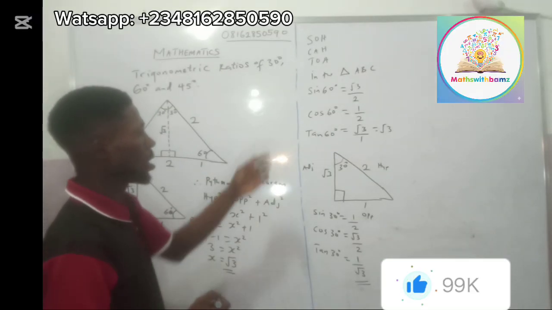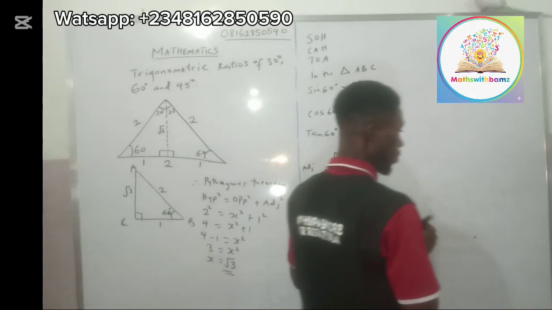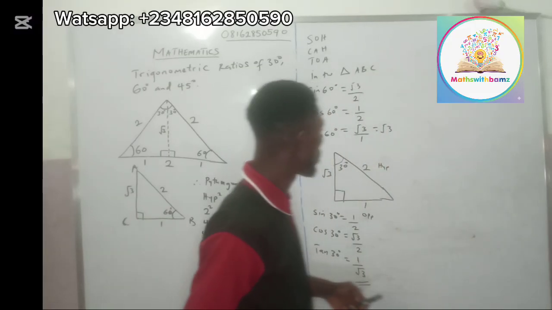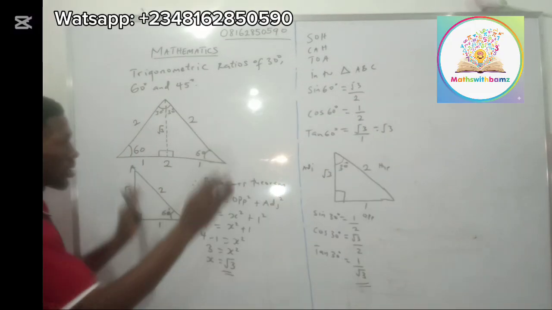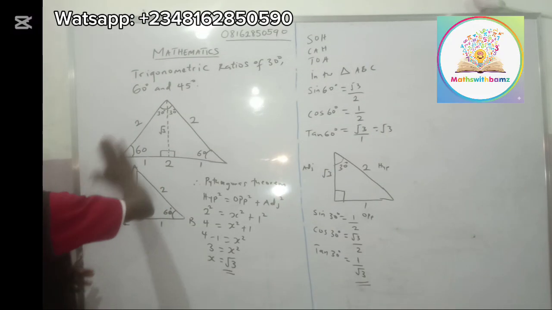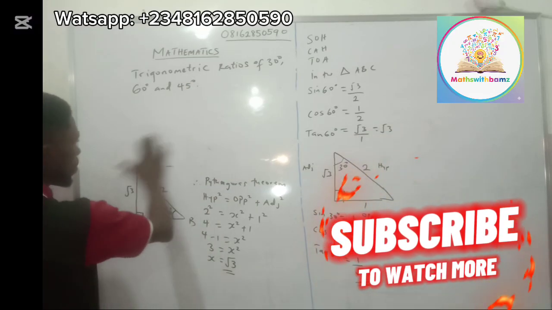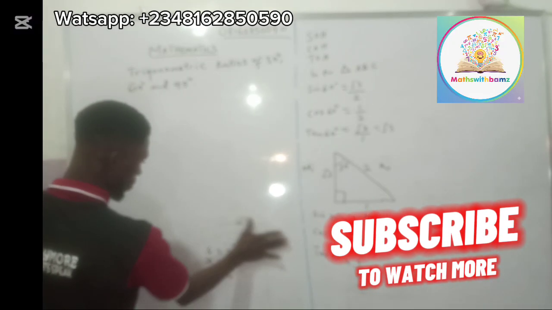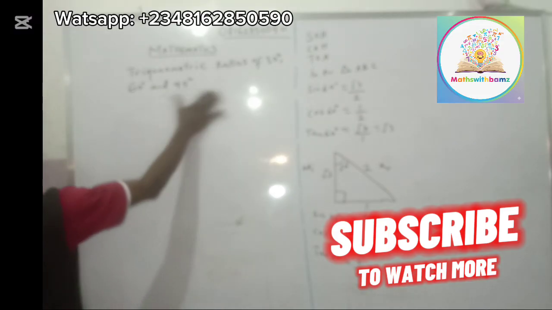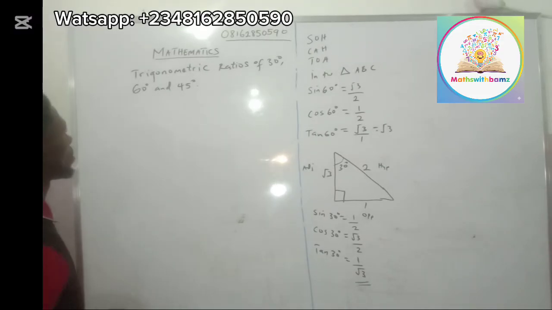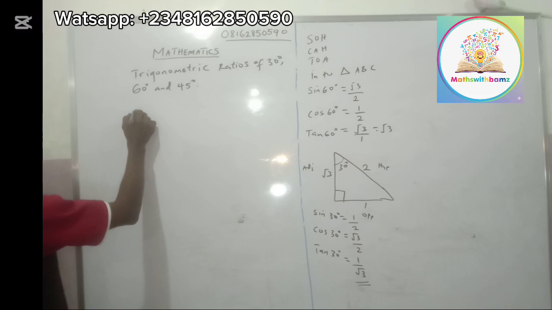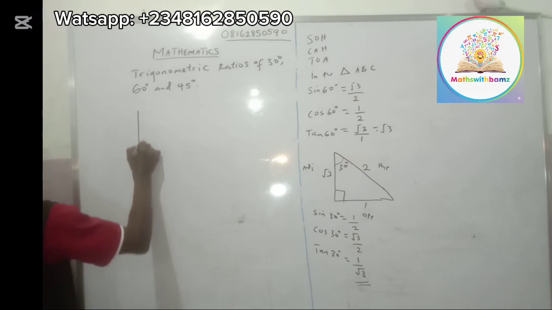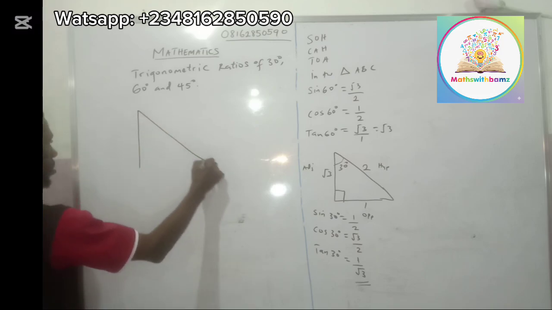So from there, let's go for angle 45. Capture this and let's go for angle 45. So angle 45, we take a right angle triangle.